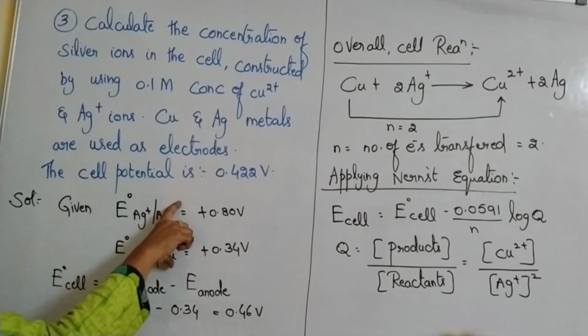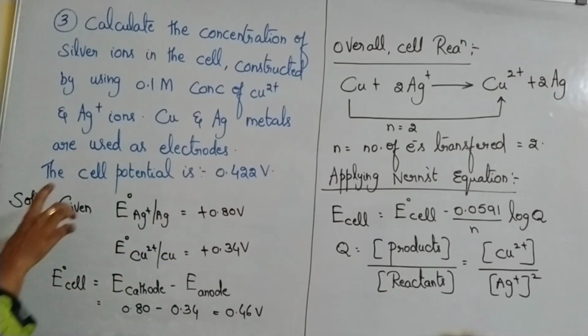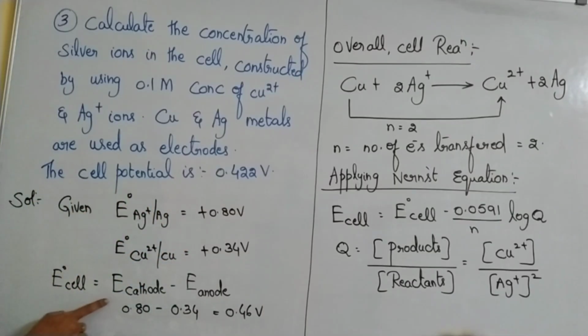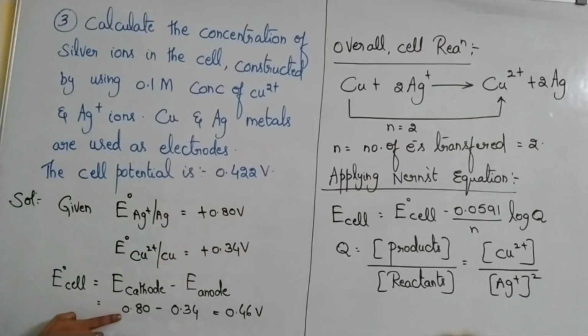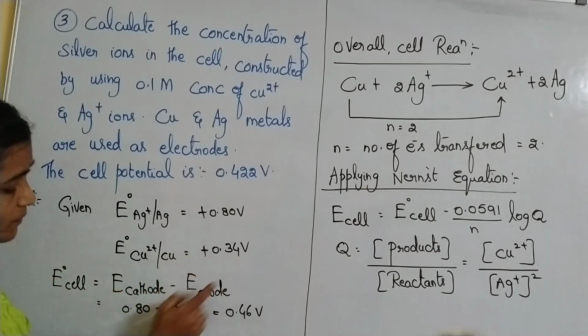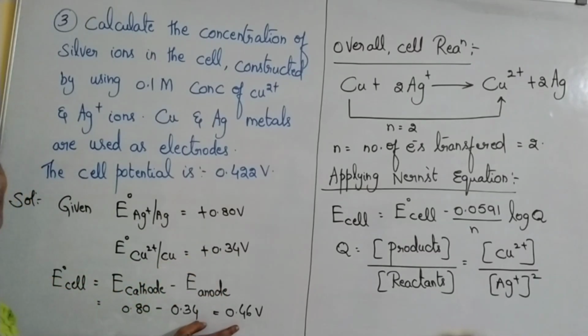If these two are given, we can identify E naught of cell. What is the formula? E cathode minus E anode. Whichever value is bigger, you take it as cathode. Here 0.80 volts is the bigger value, so E of cathode minus 0.34 gives 0.46 volts. So E naught of cell is 0.46 volts.